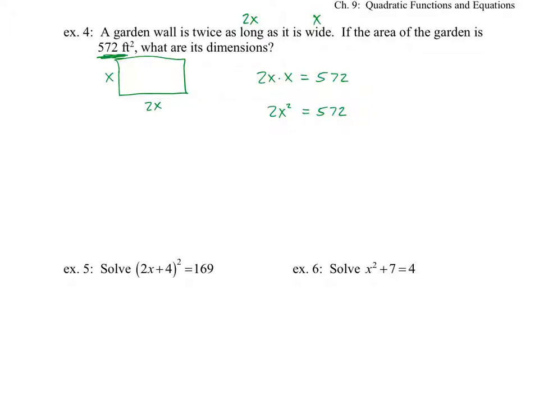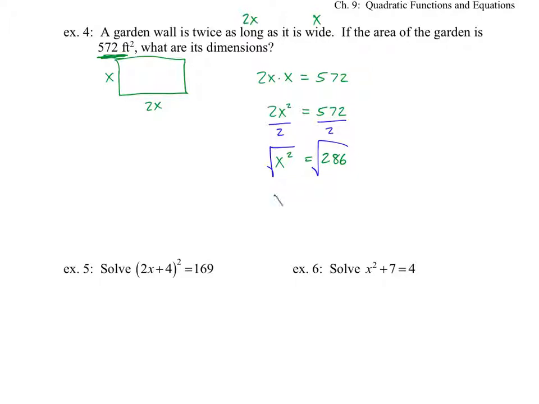And now we're just back where we were doing the last few questions. Let's solve for x squared. So divide by 2, I get x squared equals 286.